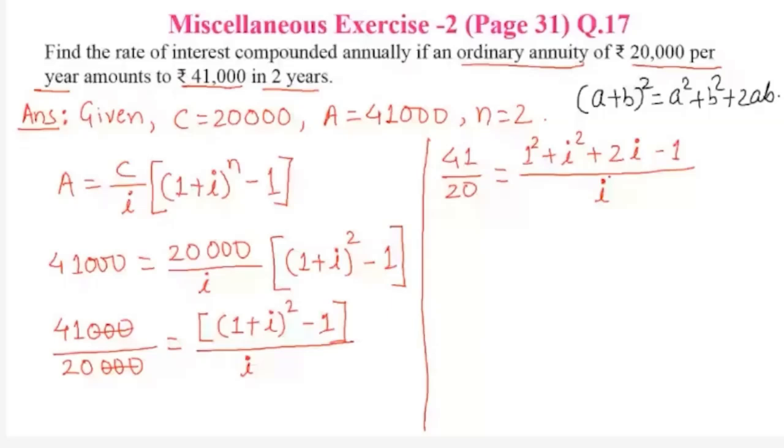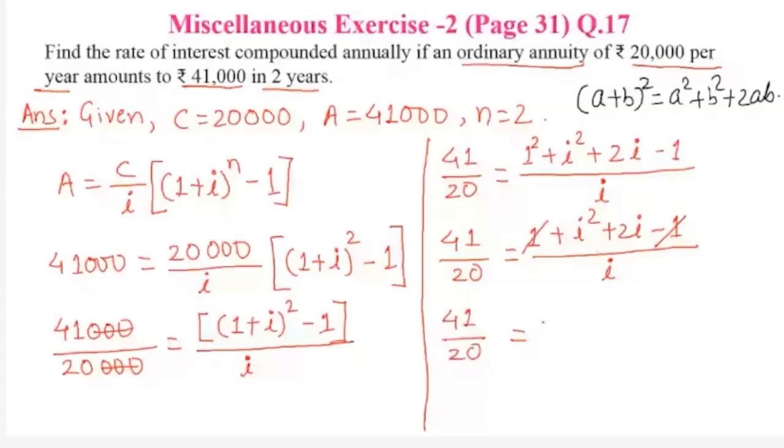Did you understand the step? 41 on 20 is equal to 1 square is 1, plus I square plus 2I minus 1. Something is getting cancelled in the numerator. Look at the numerator, plus 1 and minus 1 get cancelled. Now 41 upon 20, from the numerator take I common.